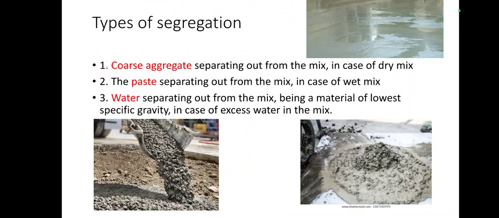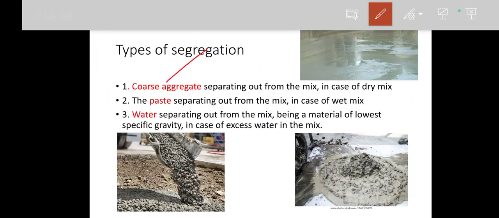And what type of segregation will occur? Sometimes coarse aggregate will try to separate out, sometimes cement paste alone will separate out. Here you can see the cement paste is separated out, and here the coarse aggregate alone coming out. In the topmost picture, water alone comes to the top surface. This water coming out is dealt with in another chapter called bleeding.